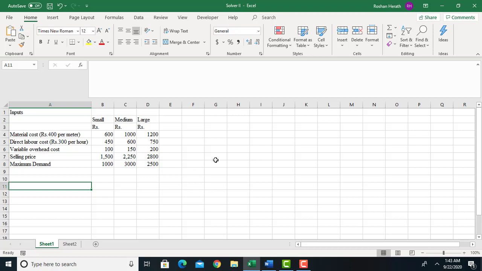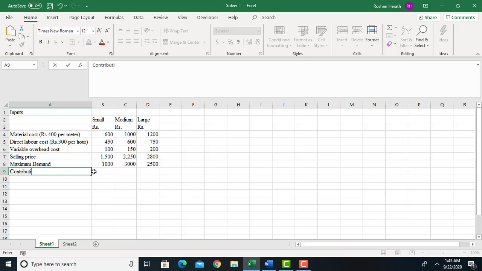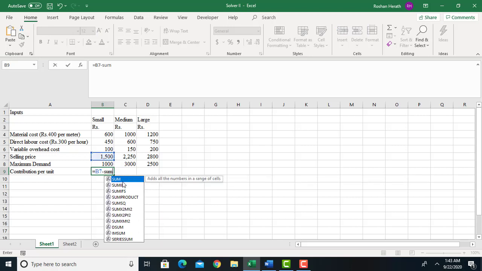So again, here there are some information that you may have to work out. So probably you need to identify the contribution per unit. So we can do that simply by taking the sales price and deducting all the variable cost.